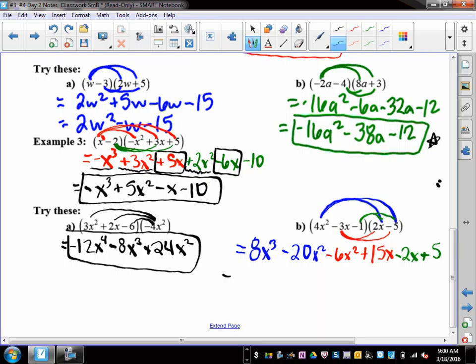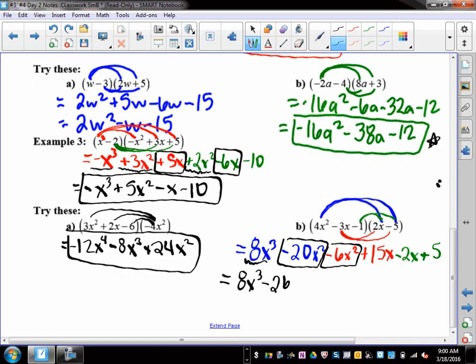Alright, let's combine like terms. Alright, let's start off with our x cubes. Are there any other x cubes there? No. 8x cubed. Alright, Drew, what's our next term? What do we have to do next? Our squareds. And oh look, we have a couple we can combine together. What would that give me?